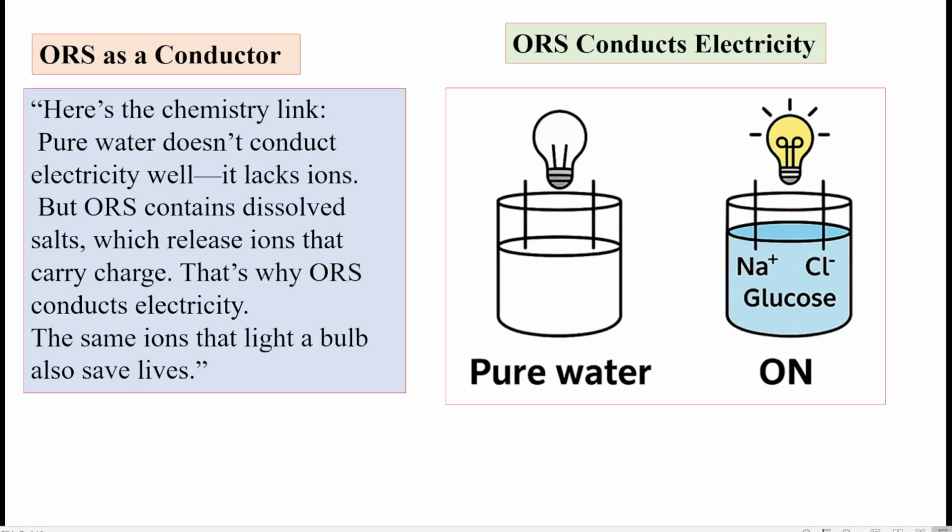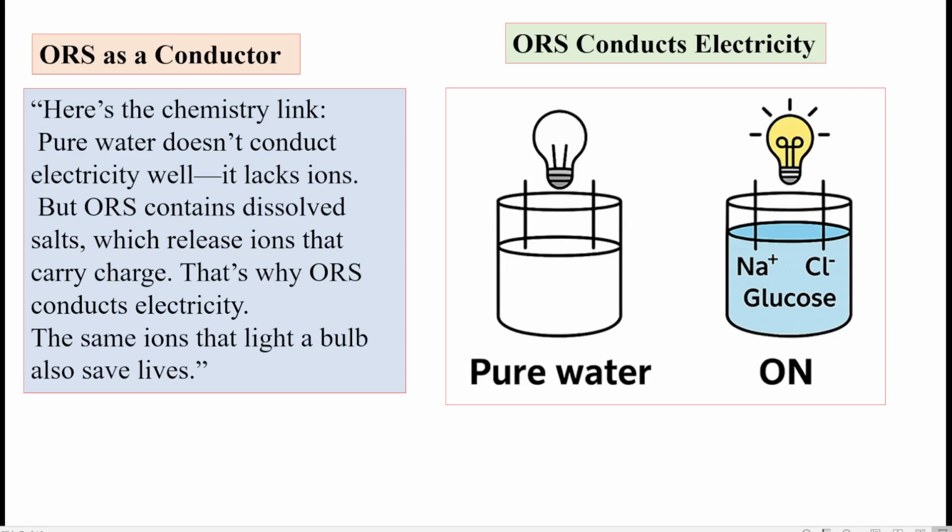Now we are going to do a simple experiment. You see here, I have taken pure water and I have taken ORS. I am going to dissolve the ORS in water and connect both electrically through a bulb. If it is pure water, the bulb does not glow, because it is an insulator; it doesn't allow the electricity to flow.